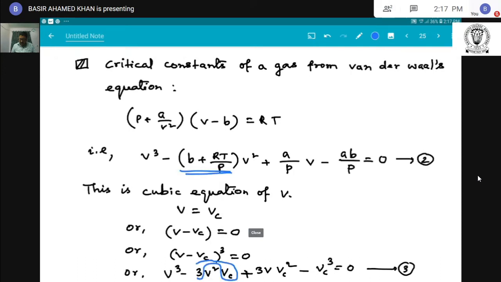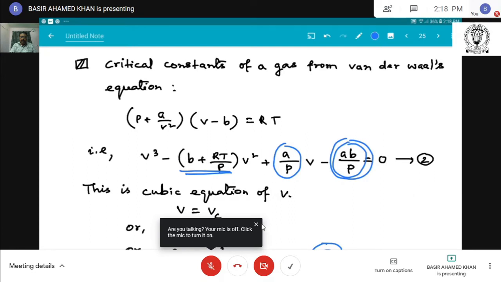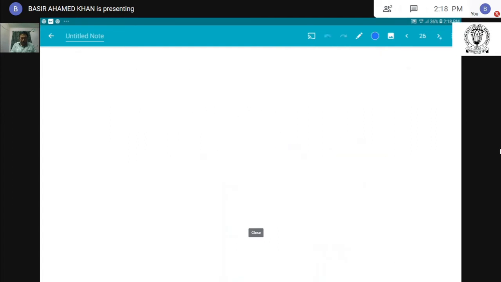Now comparing the coefficients of these two equations, we can write 3Vc = b + RTc/Pc.